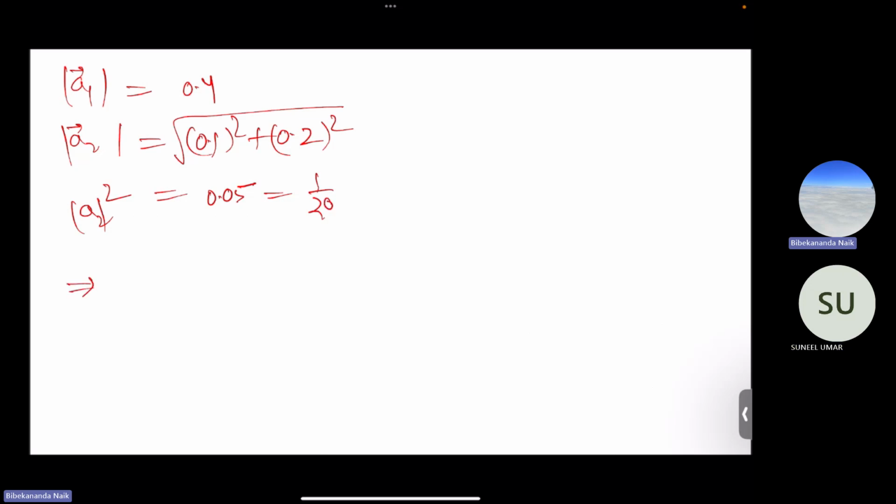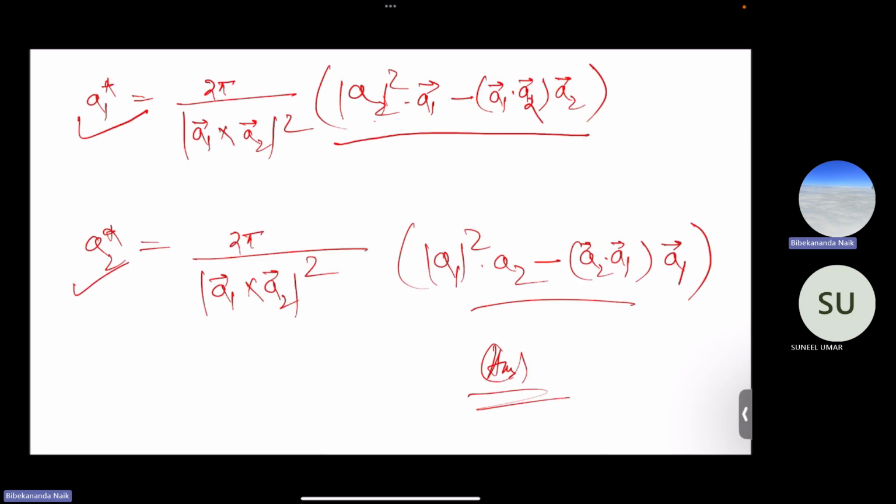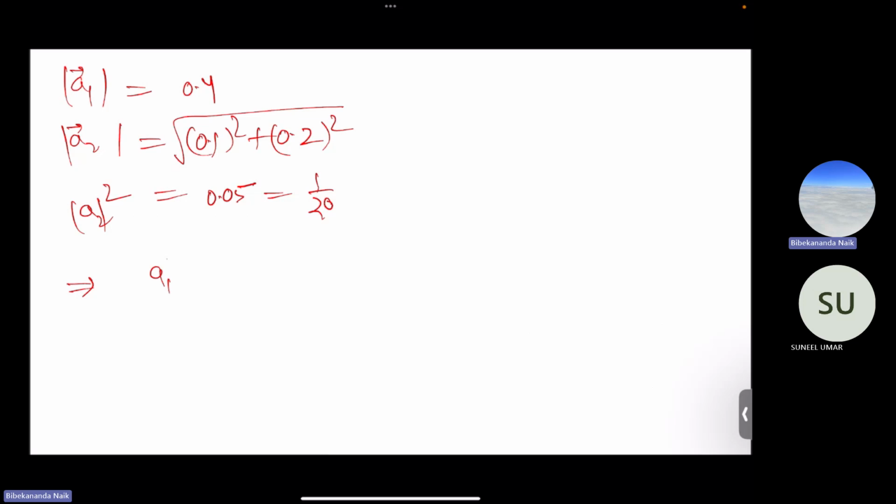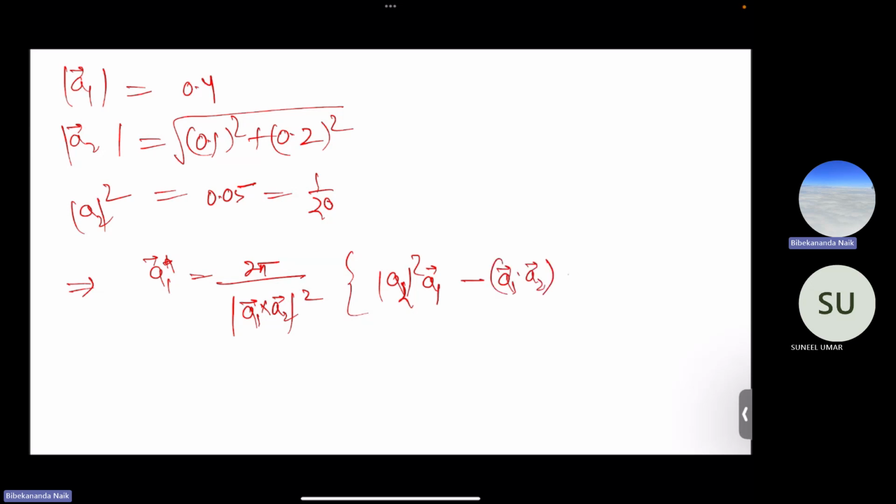If you put these values, what will be the correct expression? The expression of A1 star was 2 pi divided by A1 vector cross A2 vector mod square, then A2 vector mod square into A1 vector minus A1 vector dot A2 vector into A2 vector.